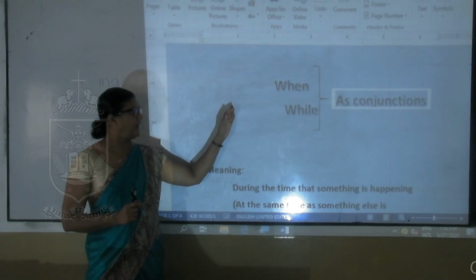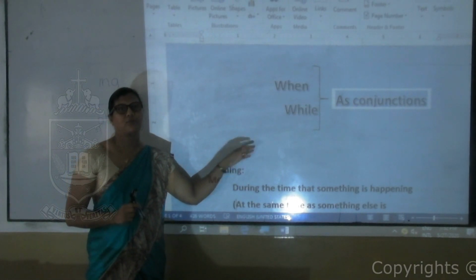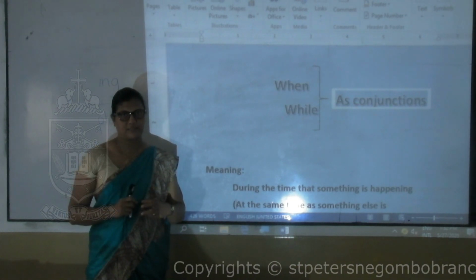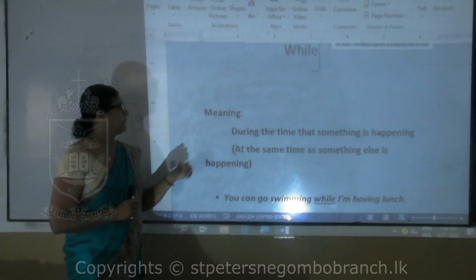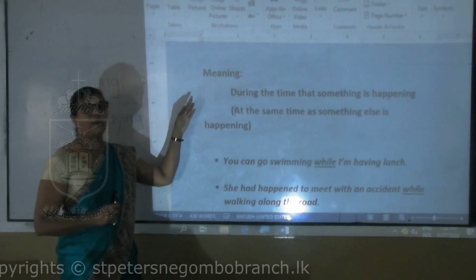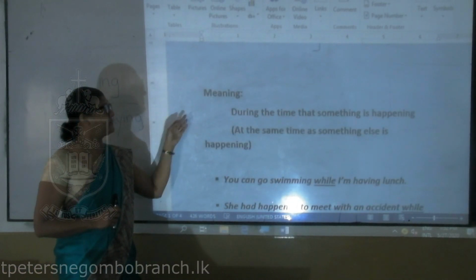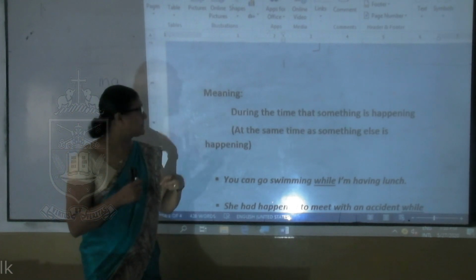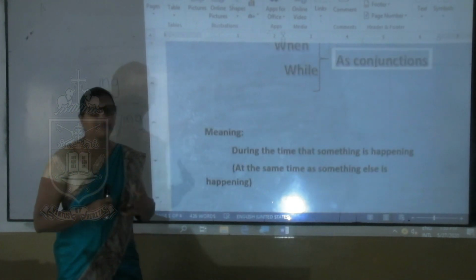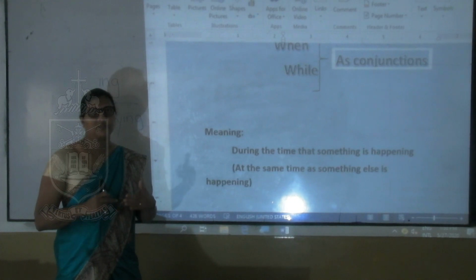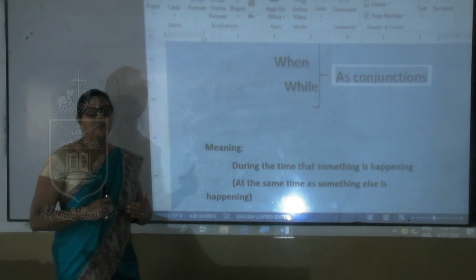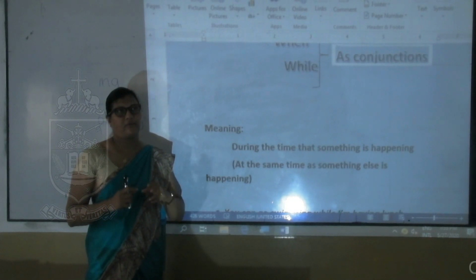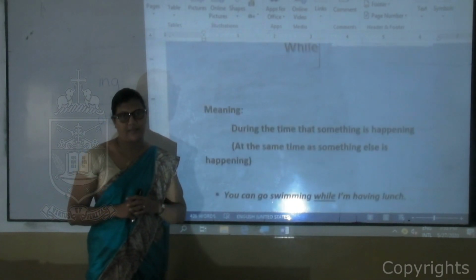We use when and also while to combine two sentences, two ideas. When and while are used to talk about things happening at the same time. We use these two words to explain actions happening at the same time.